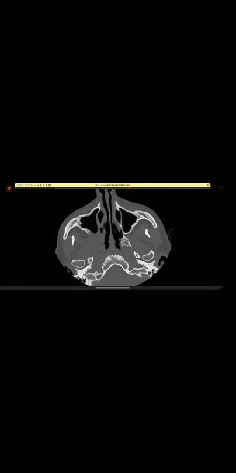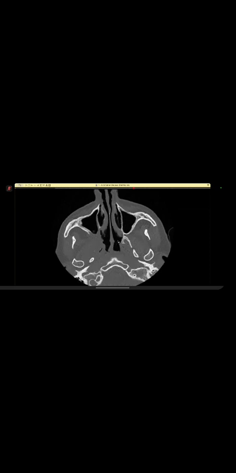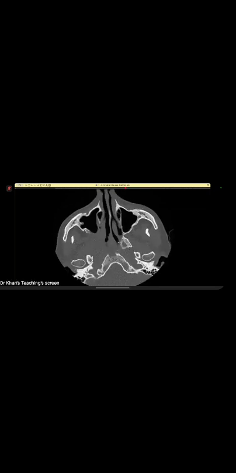So these are the right medial and lateral pterygoid plates on the normal side, and they are also involved on the left side. Where is the clivus? Sir, I'm just showing you. So this is the clivus that is also involved.